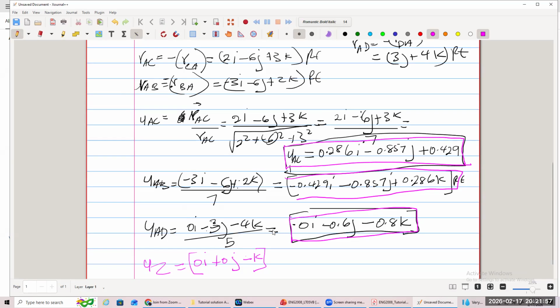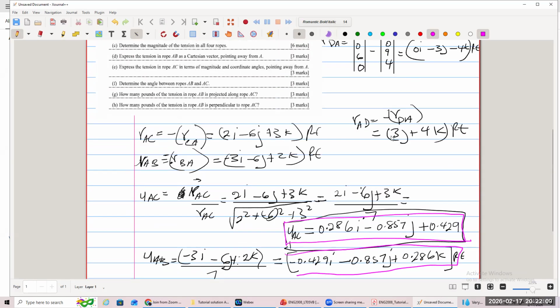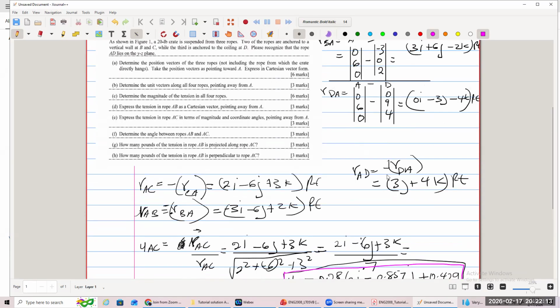Sir, you got DA and AD twisted. So when you reverse it down here, you're supposed to reverse it here. Hold on. Let me see if it's the other way. It's supposed to be reversed.